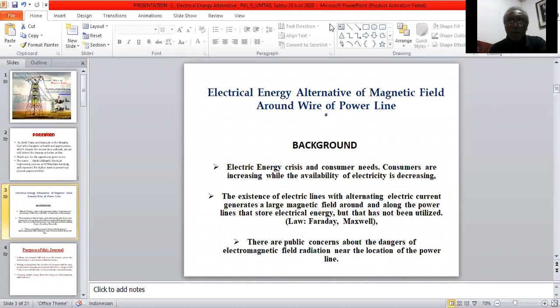The third, there are public concerns about the danger of electromagnetic field radiation near the location of the power line.